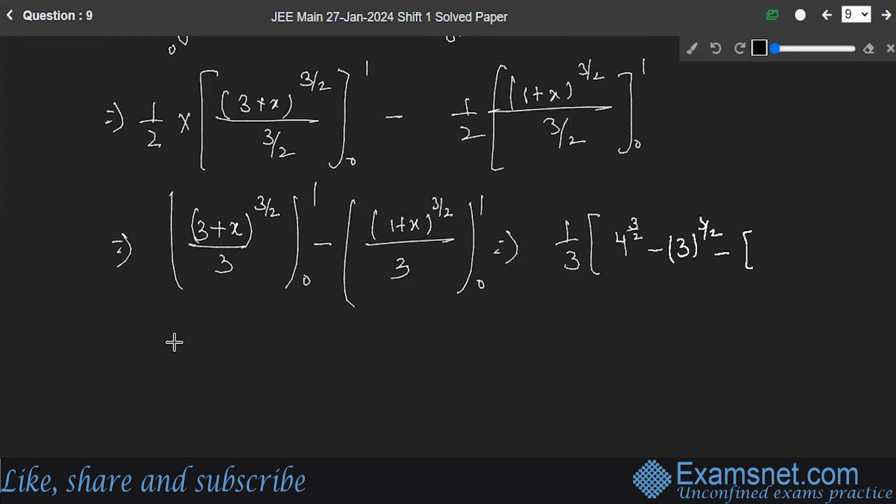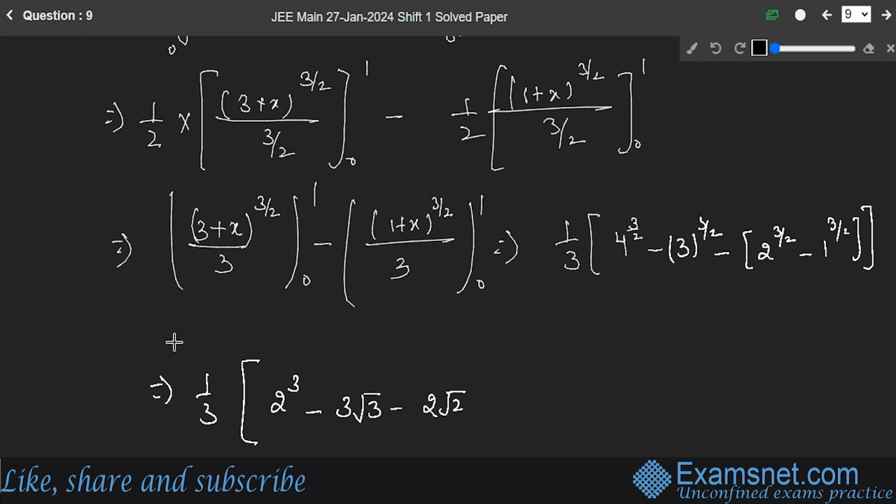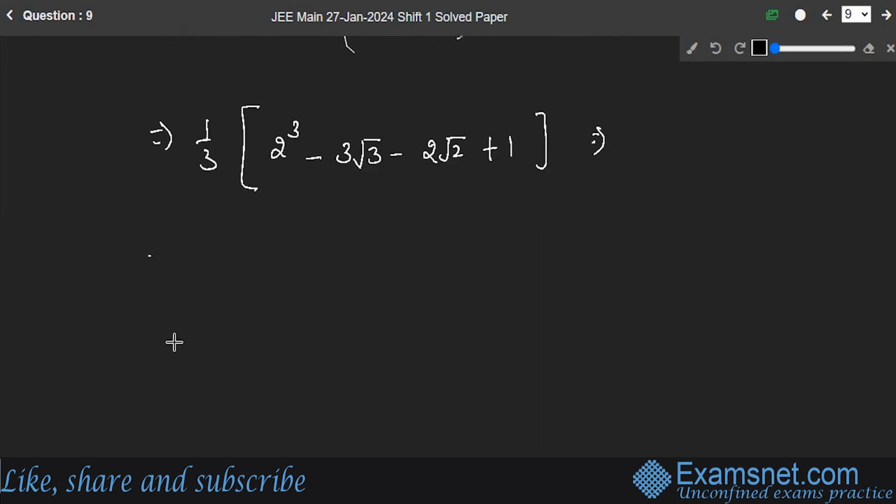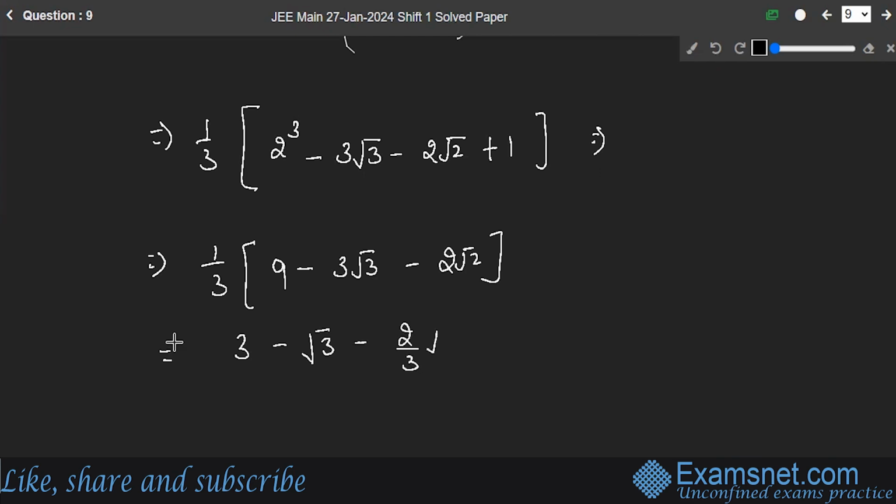Okay, minus, now here will be 1, so this will be 2 raised to power 3 by 2 minus 1 raised to power 3 by 2. 1 by 3 outside, this will be 2 raised to power 3, minus, this will be 3 root 3, and this will be 2 root 2 plus 1. So this will give me 1 by 3 here, this will be 9 minus 3 root 3 minus 2 root 2, or this will be 3 minus root 3 minus 2 by 3 root 2.